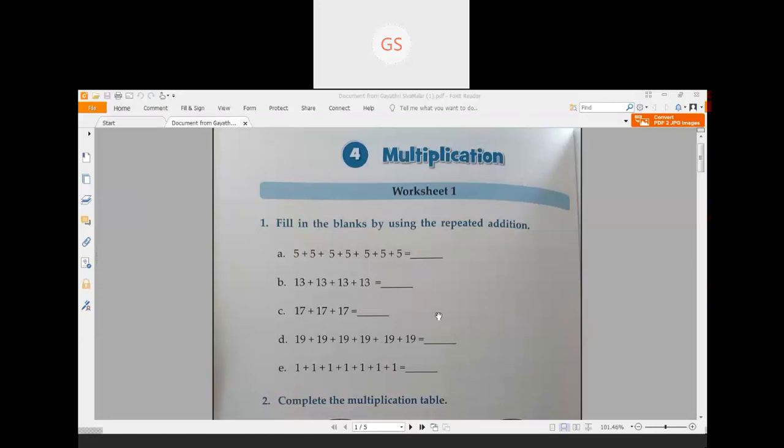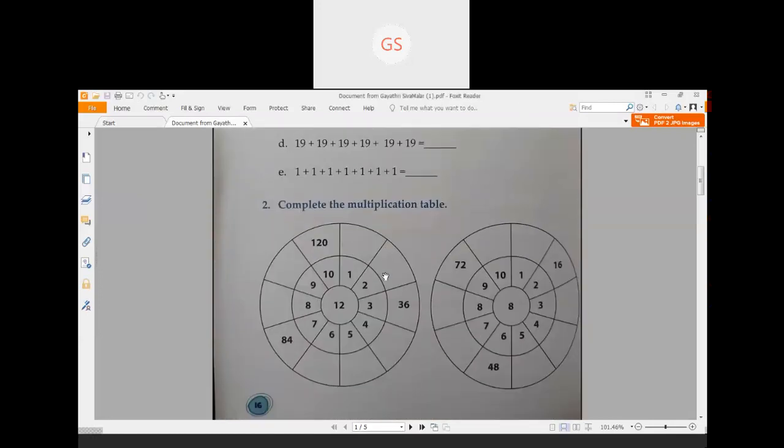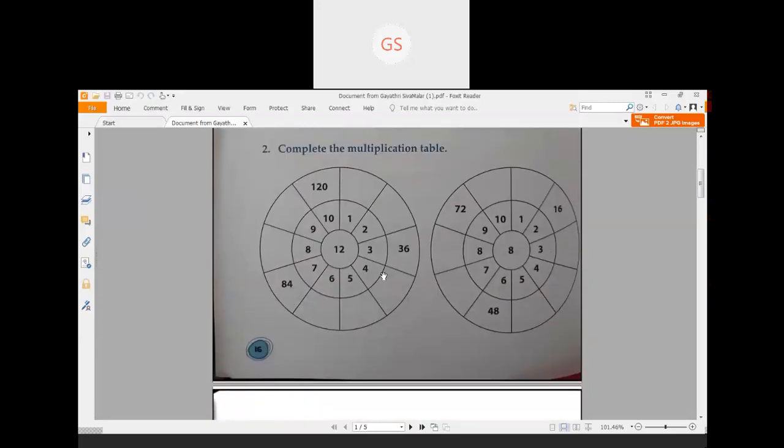Now, next, exercise number 2. Complete the multiplication table. Look at the middle circle. Number 12 is there, isn't it, children? And here it is 8. You all know the 8 table and the 12 table.